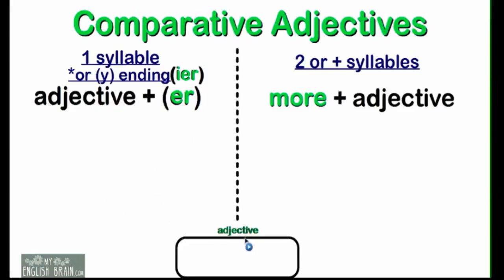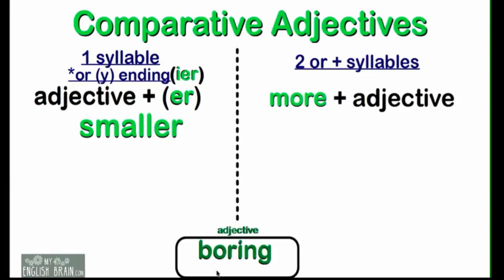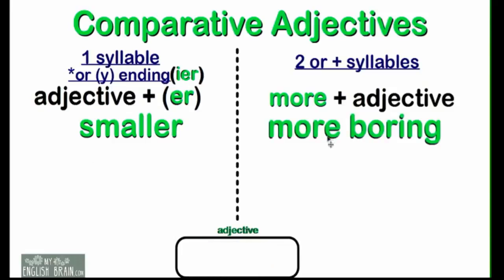So, let's practice. The adjective, small, one syllable, so the comparative adjective is smaller. Or the adjective boring. It has two syllables, so the comparative adjective is more boring. Or this one, lazy.